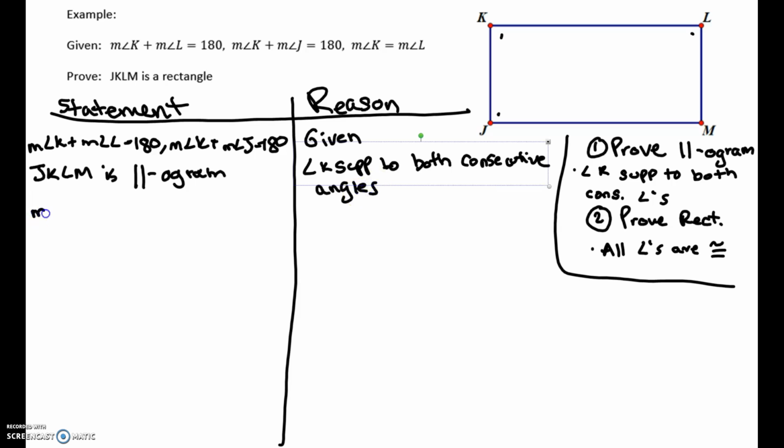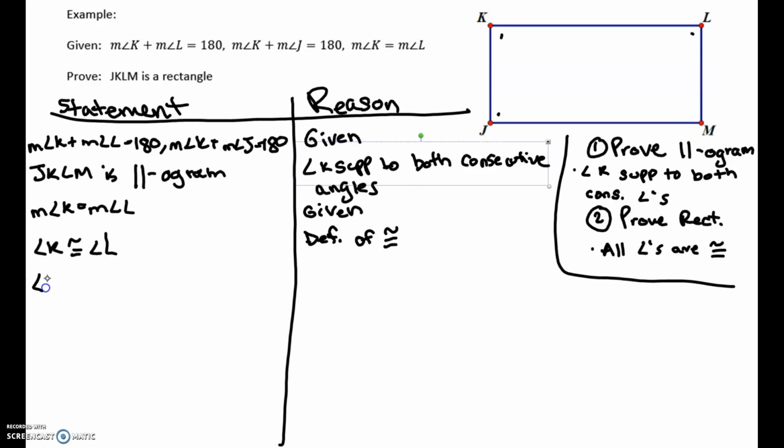My other given is that the measure of angle K is equal to the measure of angle L. That means that they're also congruent. Angle K is congruent to angle L. That's definition of congruent. Well, if things are parallelograms, then their opposite angles are congruent.